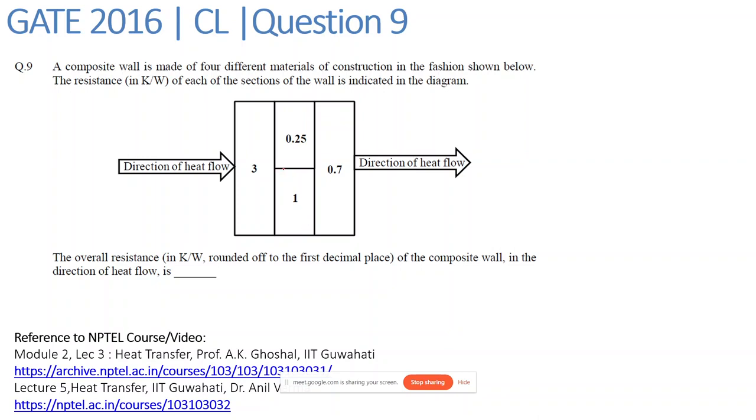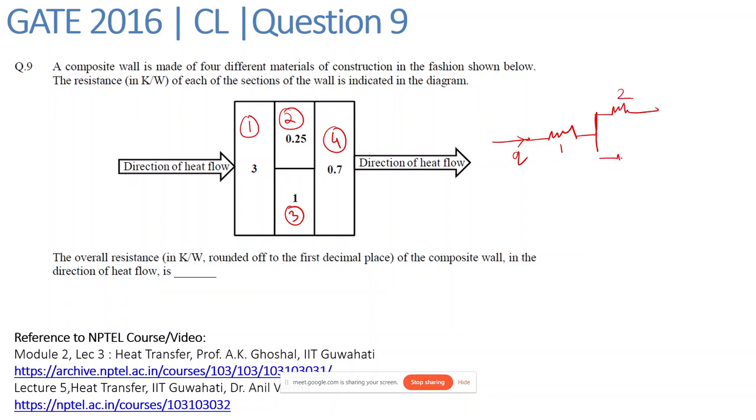So basically we have been given a slab, and these are the corresponding resistances. If we mark this as slab 1, this is slab 2, slab 3, and this is slab 4, then we have been given this direction of heat flow, let's say Q, and then there will be this first resistance, and then we have these 2 resistances in parallel.